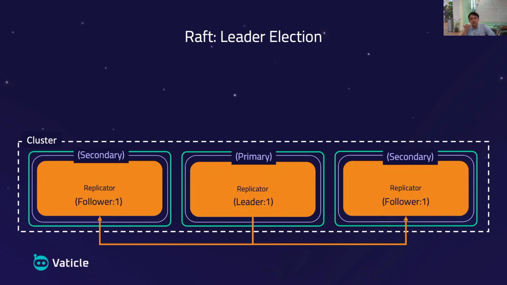So when the leader communicates with the follower by sending pulses, the follower is then informed of the leader and of the fact that this leader is a leader of term 1. It will also update the term number that it has to the same one as what the leader has. And hence, all the followers will also have the same term number as the leader, which is 1.